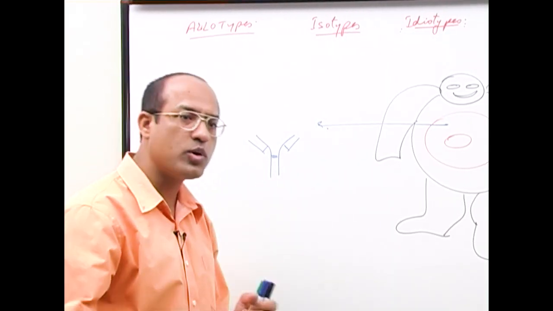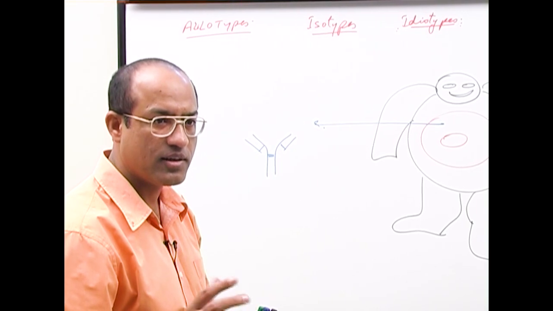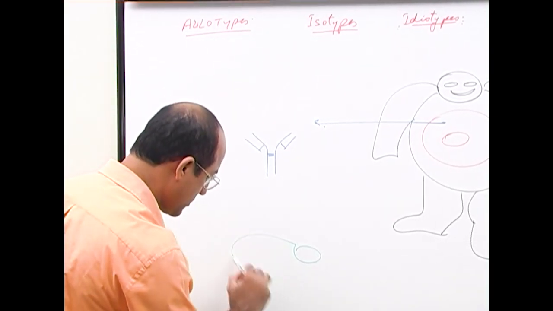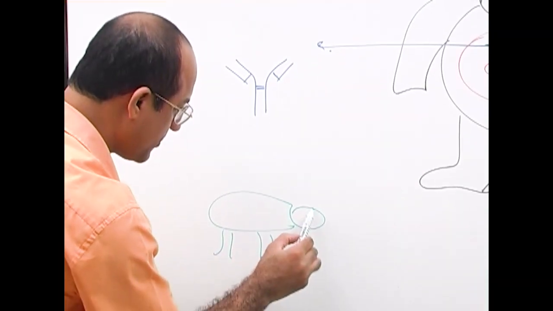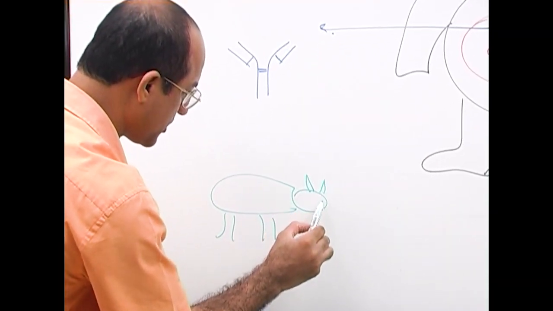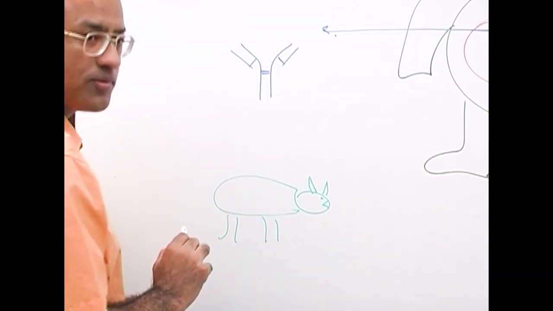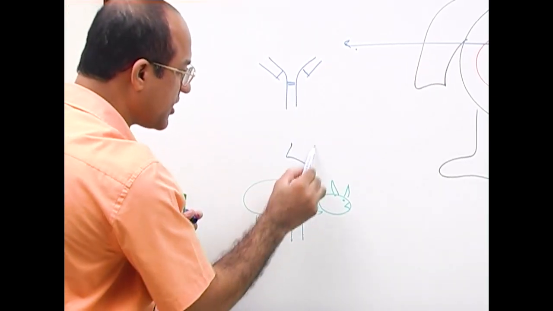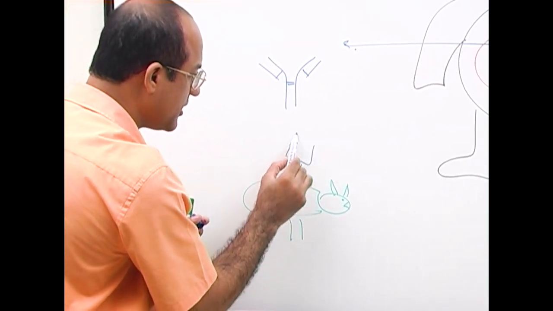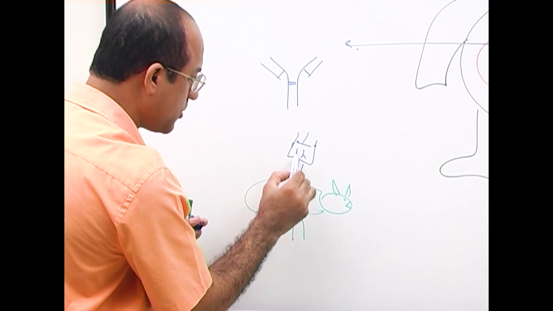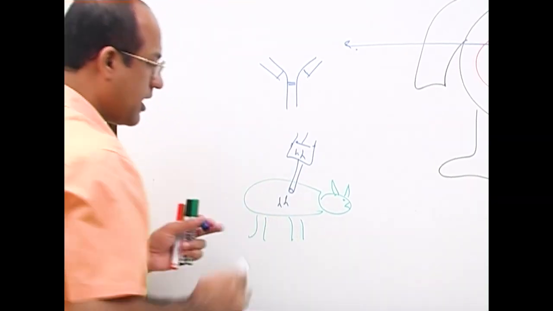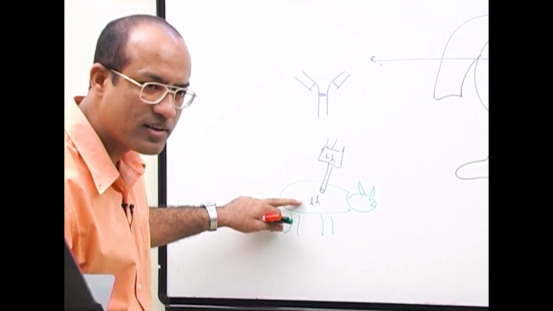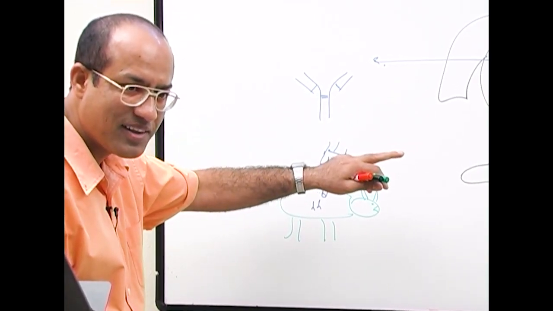For example, if your antibodies are injected into a donkey, suppose this is a donkey. I don't know how to draw a donkey, but you can imagine it. This is a donkey, right? And if human antibodies, suppose antibodies from this person are injected into donkey, these are the antibodies. When antibodies will come, do you think for donkey these antibodies are self proteins or foreign protein? It depends on the person actually.